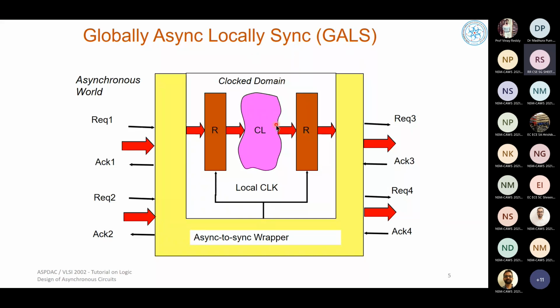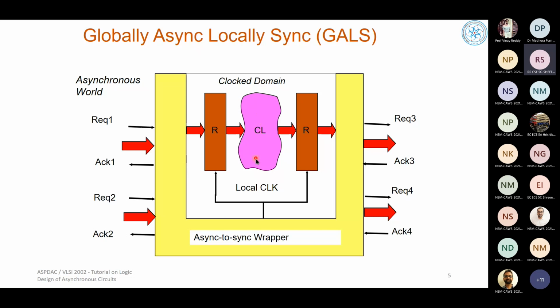Now, what are the advantages of such a system? First of all, you can build a very large SoC, system on chip, where each local module can be run independent of the others, and each of them can be run at its own local clock speed. You would just have a local PLL, which is nothing but a clock generator circuit, and that would clock this entire domain. So the global clock is now not required.